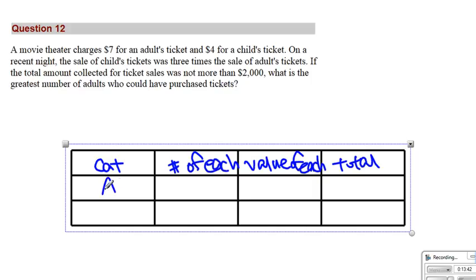Now we have adult tickets, and then also child ticket. And $7 for the adult ticket, and $4 for the child ticket, that's given.